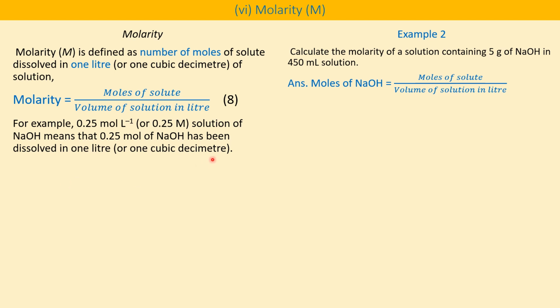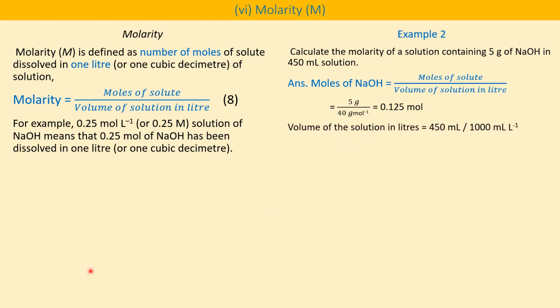So moles of NaOH equals 5 grams divided by 40 grams per mole, that is equal to 0.125 mole.